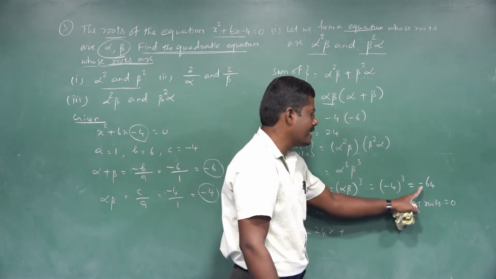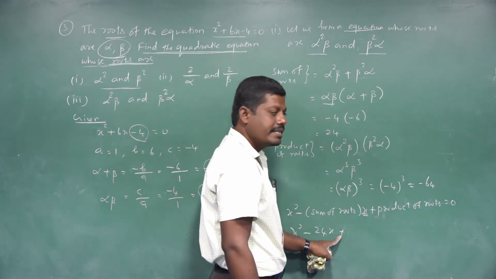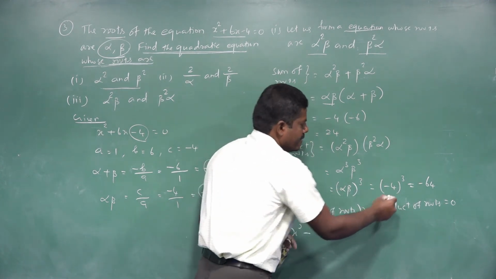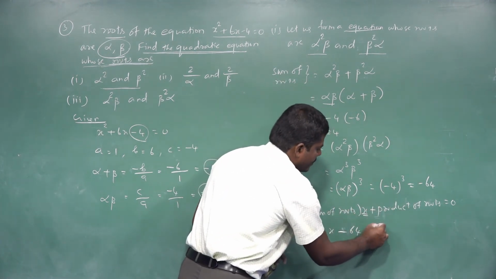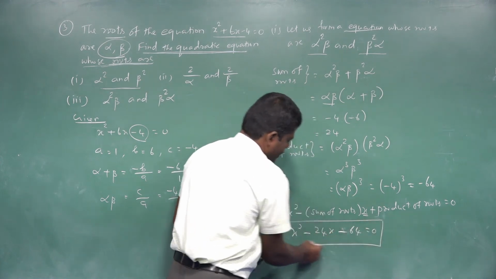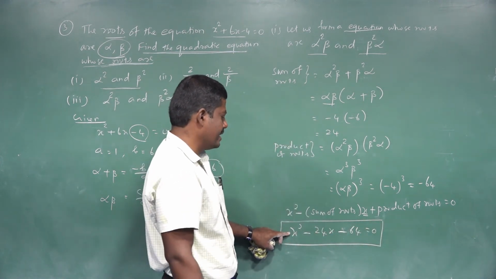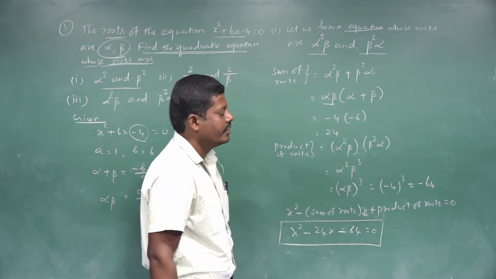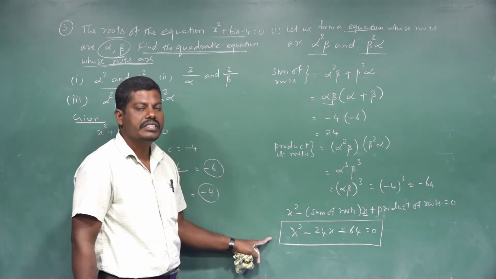Product of roots value is minus 64. Already plus is there, so plus into minus, minus becomes minus 64 equal to 0. Now the resulting quadratic equation is x square minus 24x minus 64 is equal to 0. This is the answer for our third question.